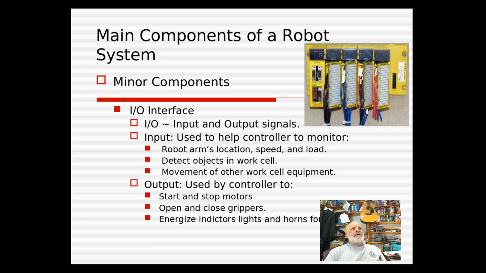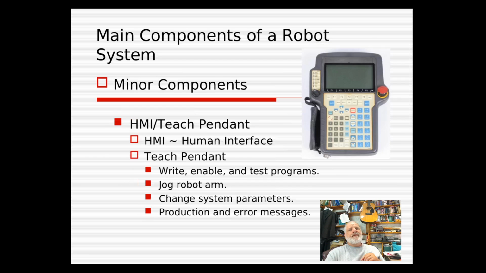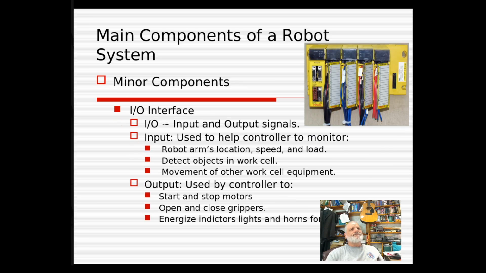Okay, so then the teach pendant is sometimes referred to as a human machine interface or HMI. The teach pendant here is what allows us to... slides aren't keeping up with me here.